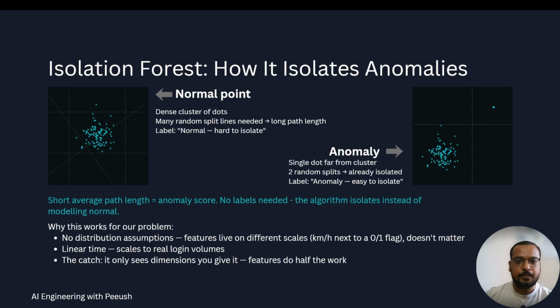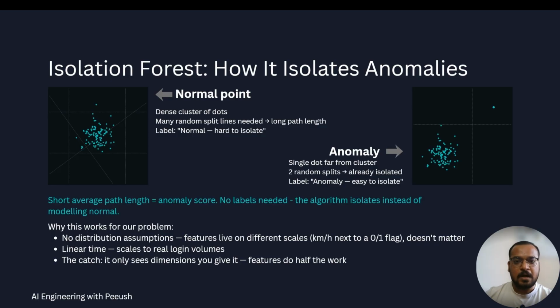Just try to isolate points and notice that anomalies are easy to isolate. Here's the mechanics. Build a tree, pick a random feature, pick a random split value between that feature's min and max. Divide the data into two. Recurse, keep going until every point sits alone in its own partition.